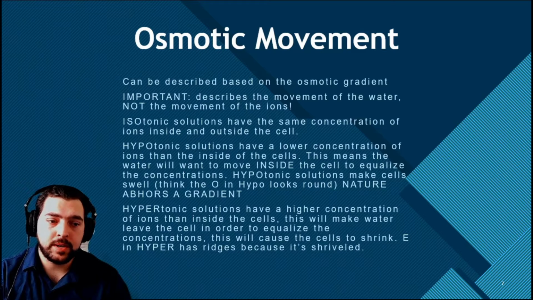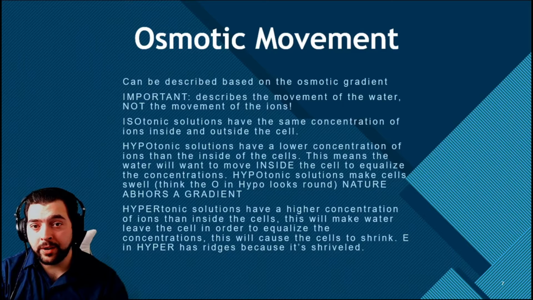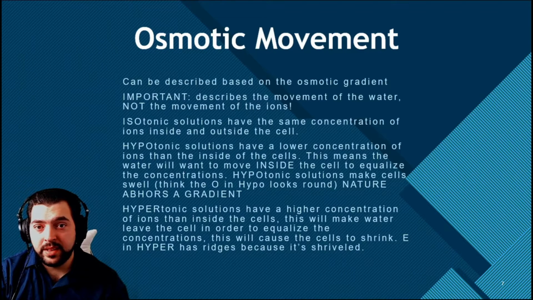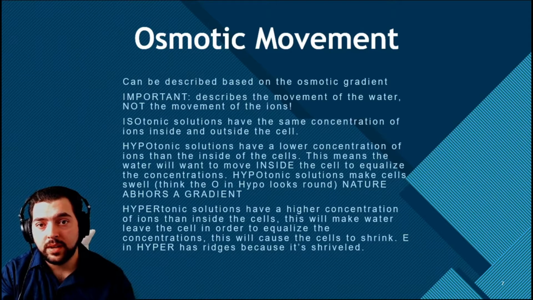Now, a hypotonic solution means that there are fewer ions inside the cell than there are outside the cell. That means there's more water inside the cell than there is outside the cell. So that means that the water wants to move inside the cell. Does that make sense?